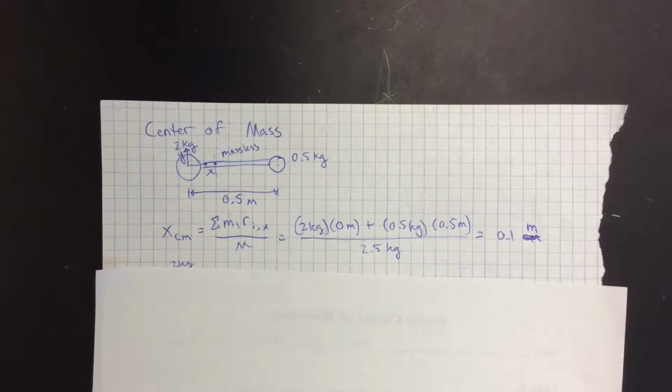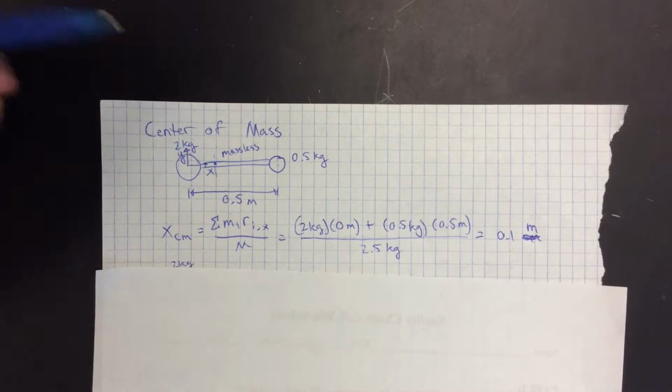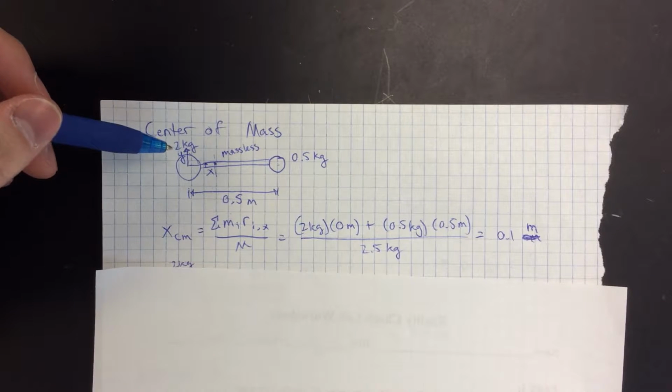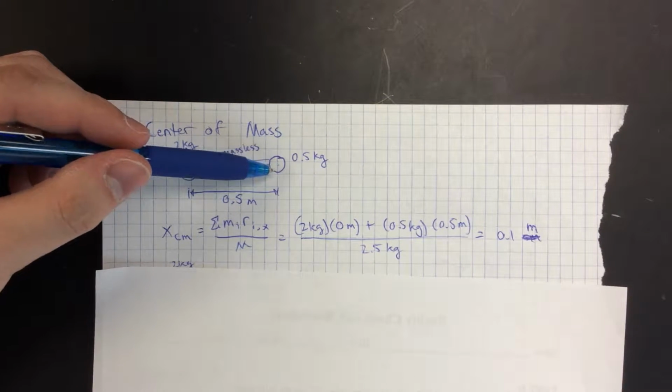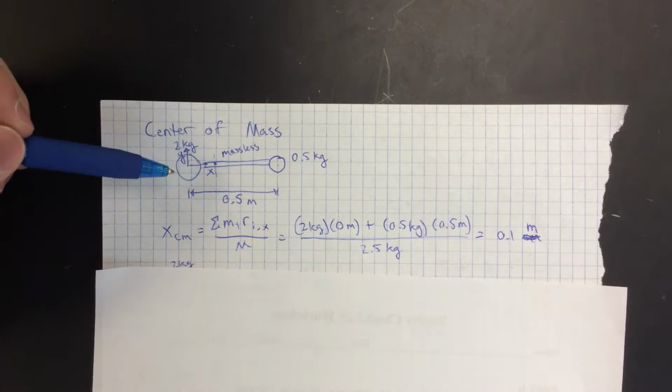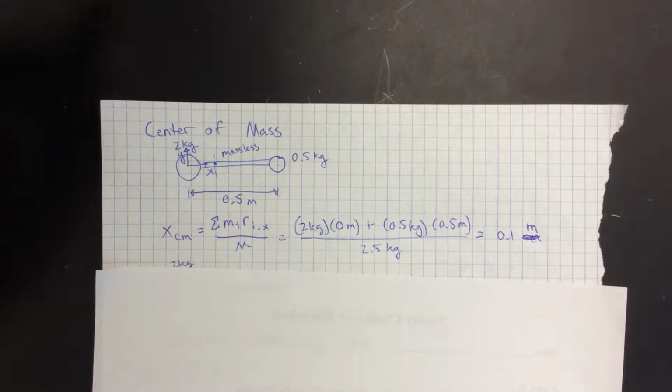So it's 0.1 meters from the left. And that should kind of make sense because 2 kilograms is 4/5 of the mass, which means that my center of mass should be weighted 4/5 to the left.